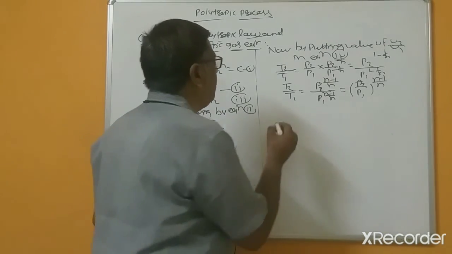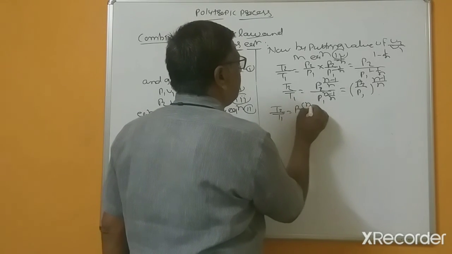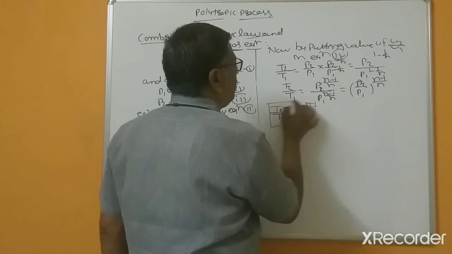So this is an important relation. T2 divided by T1 is equal to P2 divided by P1 raised to (n minus 1) divided by n. These are important equations.